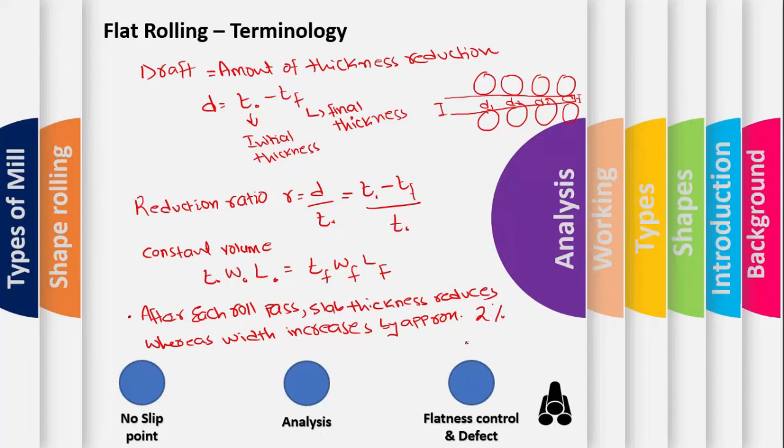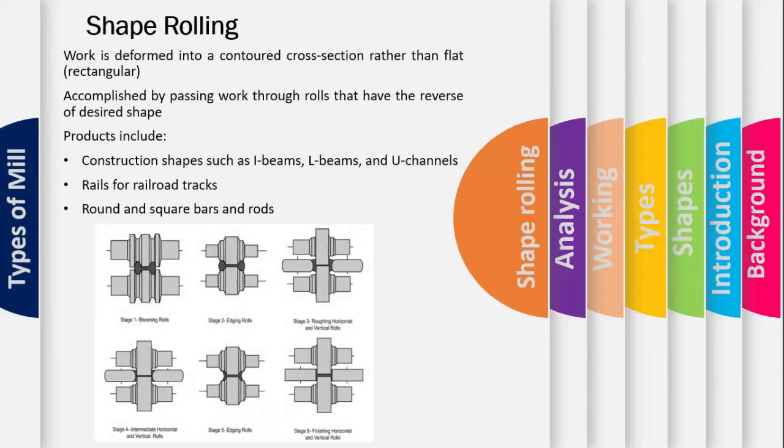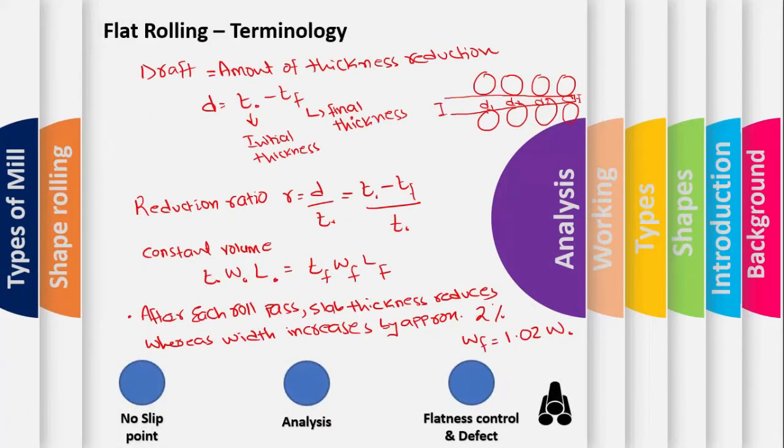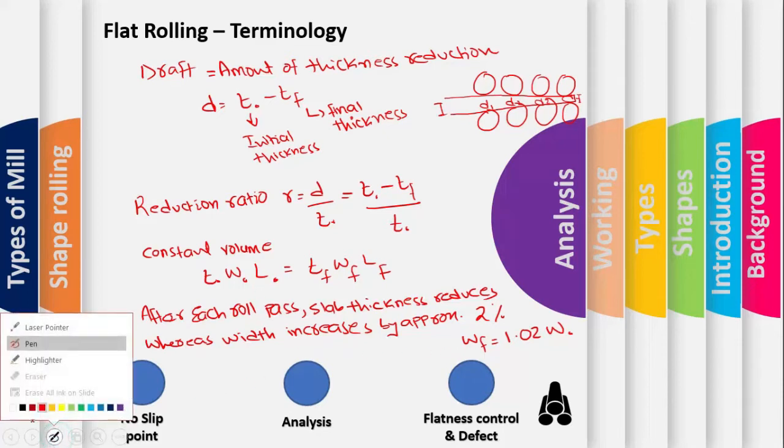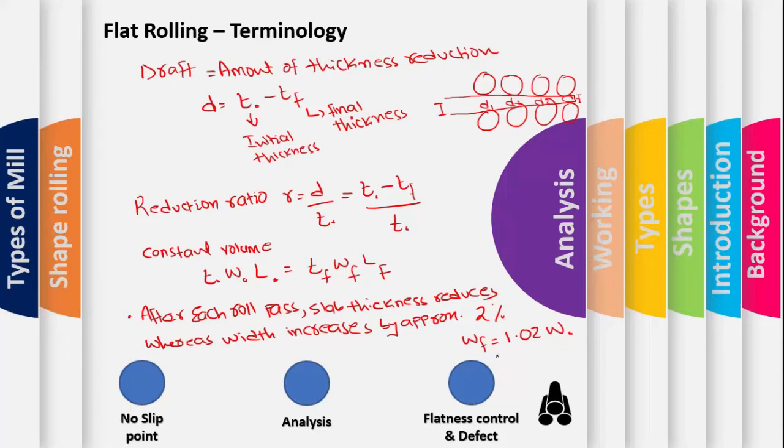So WF equals 1.02 of W naught. So this increase in the width of the material, the workpiece, during the rolling operation, is known as the spreading. It is called the spreading.